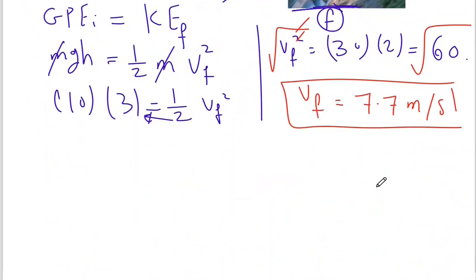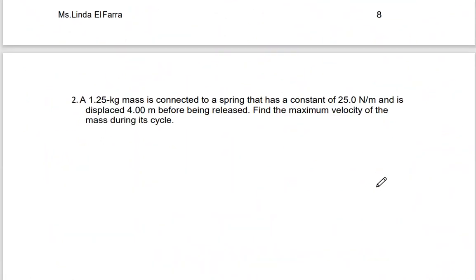Okay, we'll solve one more question. You have a mass connected to a spring. M, the mass, is 1.25 kilograms.